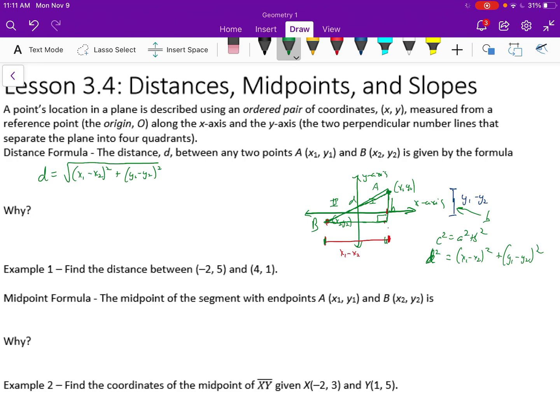So there's an example here. Find the distance between (negative 2, 5) and (4, 1). Well, we can just put that right in the distance formula.